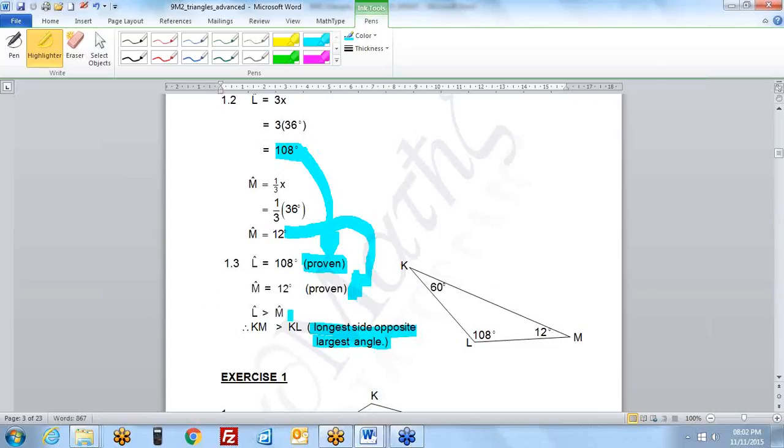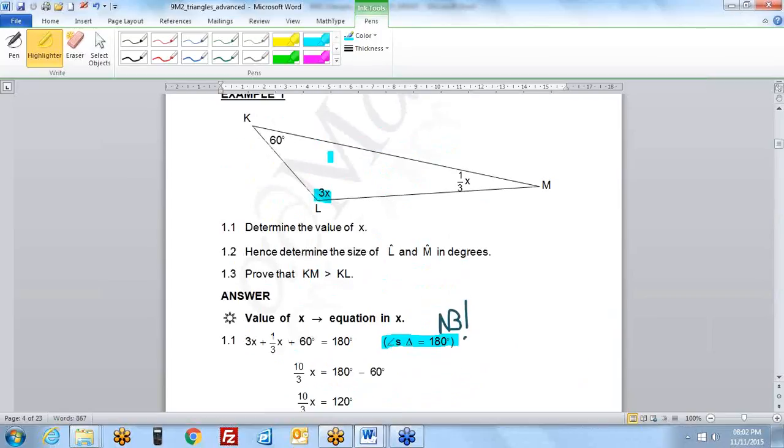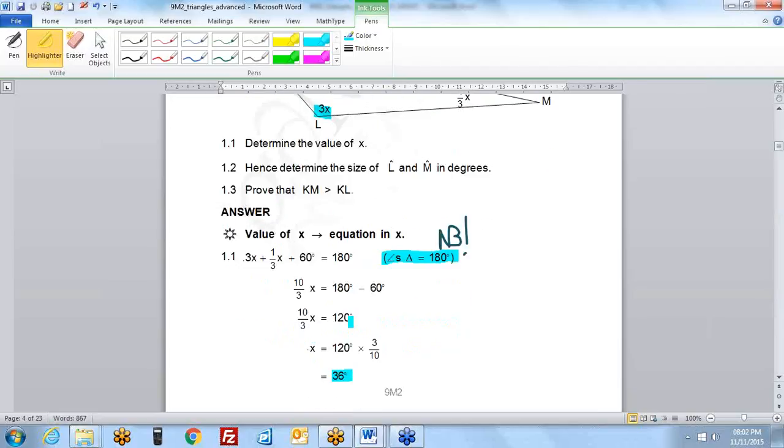And that's your proof. The main place where most people make mistakes in grade 9 is when they want to give their own types of reasons for geometrical facts. So please take note of the correct way of answering a question such as this one. It might have been easy for you to get to an answer to determine x, but the reasons for making certain assumptions are very important.